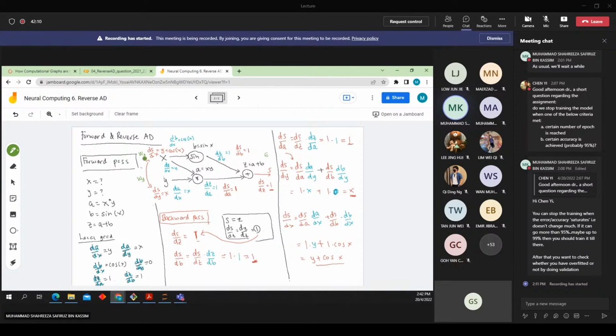At the end of the day, we want to calculate the partial derivatives of errors with respect to weight x, and the partial derivatives of errors with respect to weight y. Why do we want to compute this? Because we want to update our weights using gradient descent. We want to do wx equals wx minus alpha times this. We want to do this.